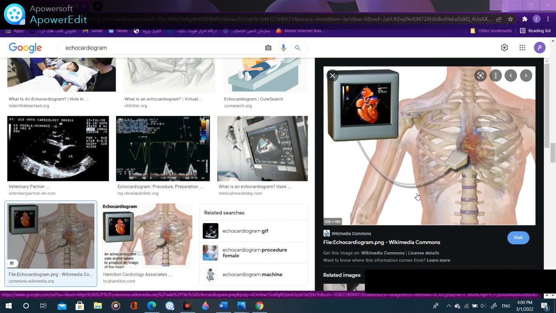In 2D, we see a two-dimensional image of the heart components. The walls are recorded over time. The speed and direction of blood flow in the heart are shown in Doppler, because the direction and the speed of the blood flow in the heart are known.